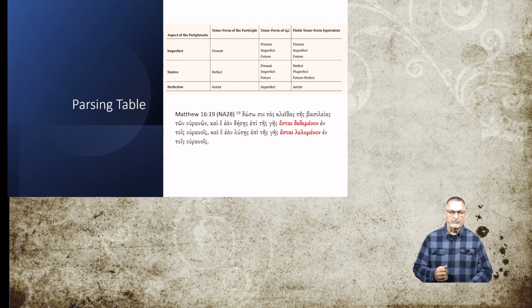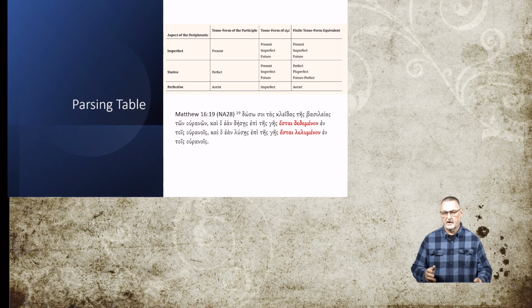And so right there in the stative column at the bottom, the third column from the left, you've got the future with a stative participle, and that becomes a future perfect construction. As soon as you see these, we'll see these in our New Testament reading. You will recognize them readily.